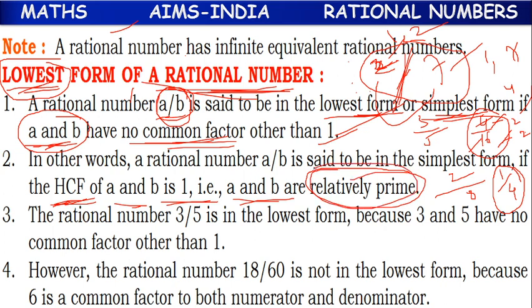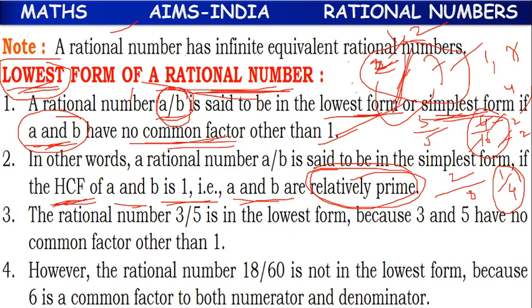So how can we tell whether a given rational number is in lowest form or not? If the numerator and denominator have no common factor other than 1, they are relatively prime. Second case, they are co-prime. Third case, their HCF is 1.